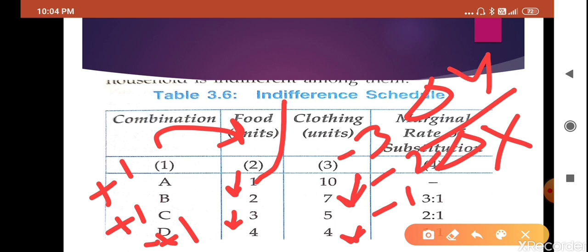So first you are willing to sacrifice 3, then 2, then 1. So on the fourth combination, by adding one more unit of commodity X, you are willing to sacrifice only 1 unit of commodity Y. So this is known as the law of diminishing marginal utility.